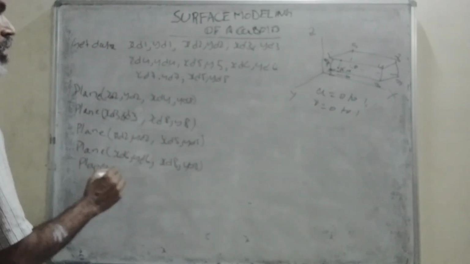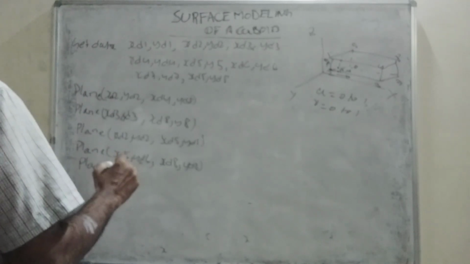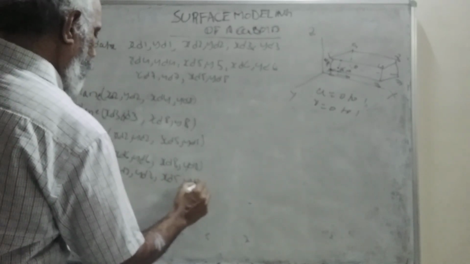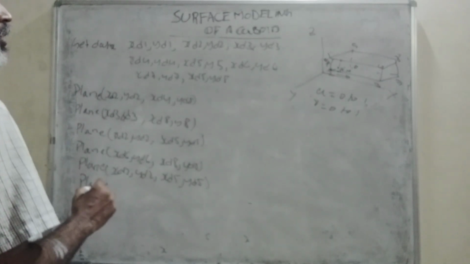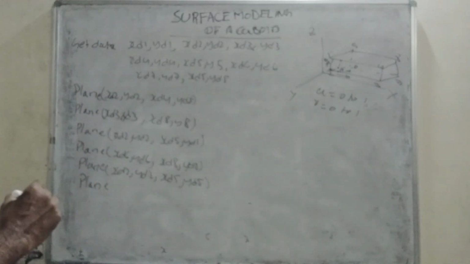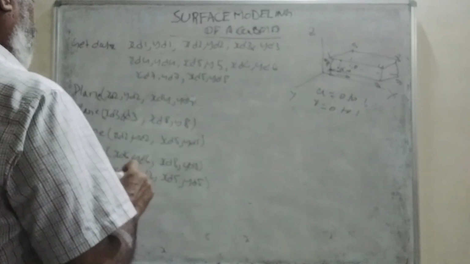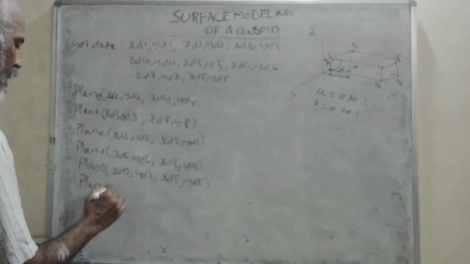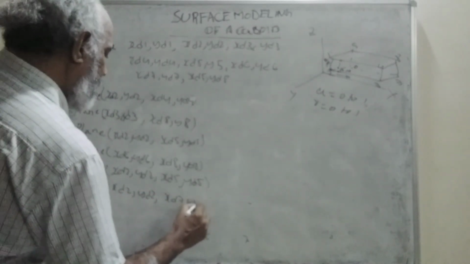Plane xd2, yd2, xd5, yd5. Plane yd4, xd3, yd3, xd6, yd6, xd8, xd2, xd5, yd5, and xd2, yd2, and xd7, yd7.